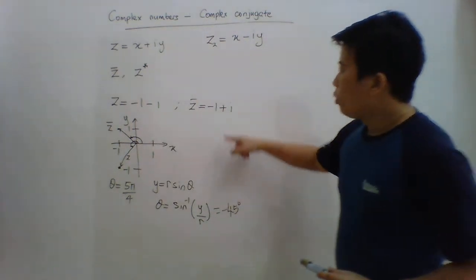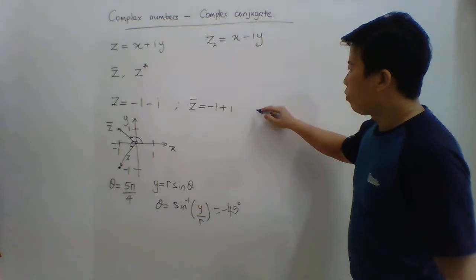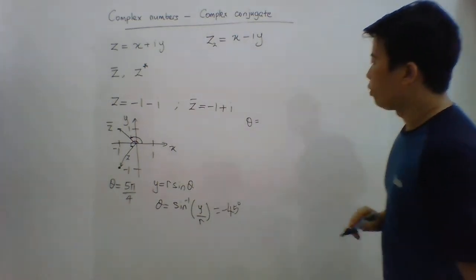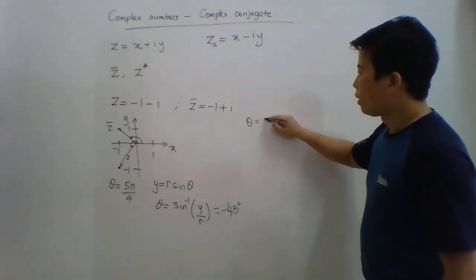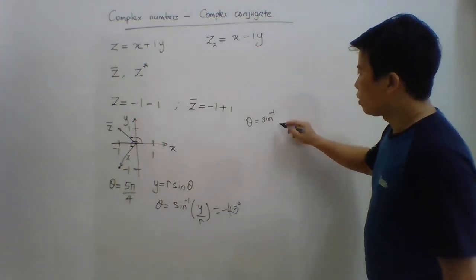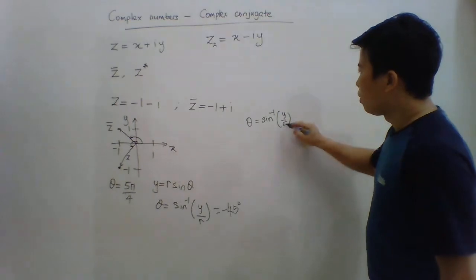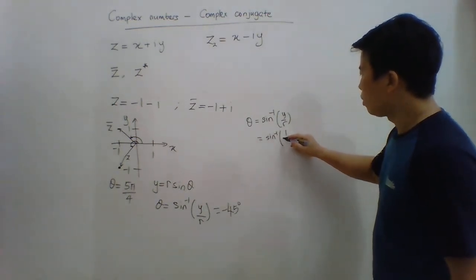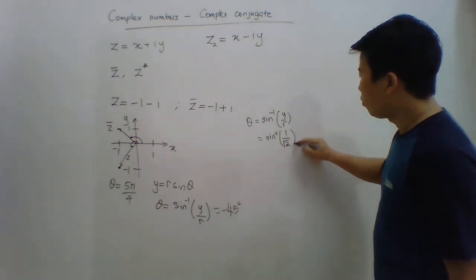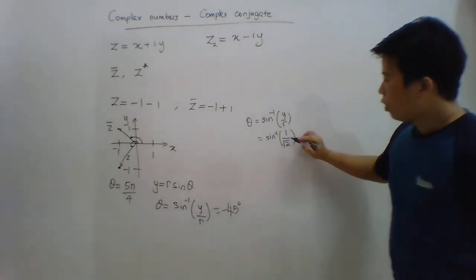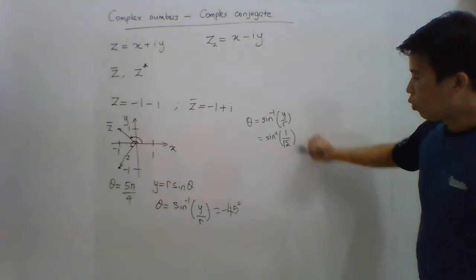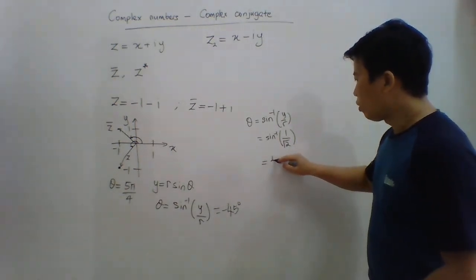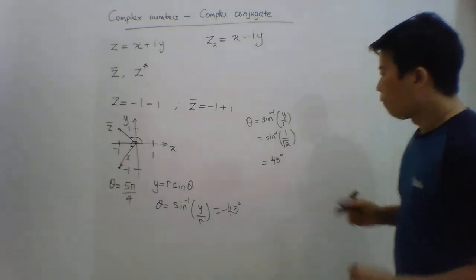Now if you look at the conjugate, this is going to be arc sine of y over r again, but now your y is going to be equal to 1. So now instead of minus 1, you're going to find arc sine of 1 over square root of 2, and this you will get 45 degrees.